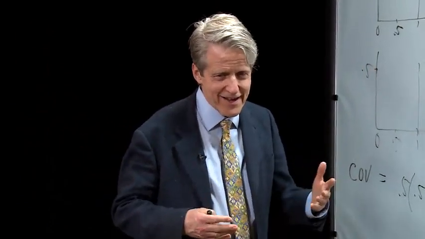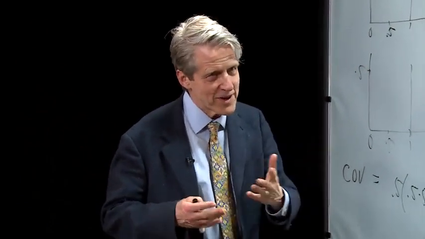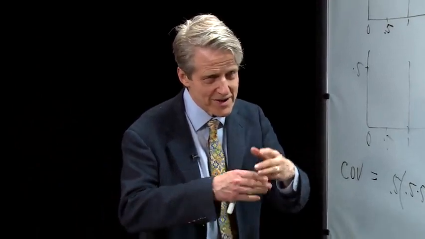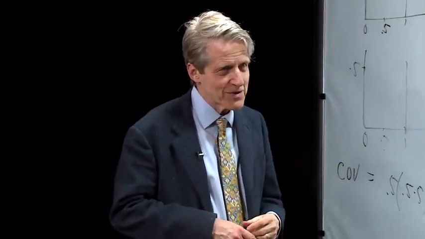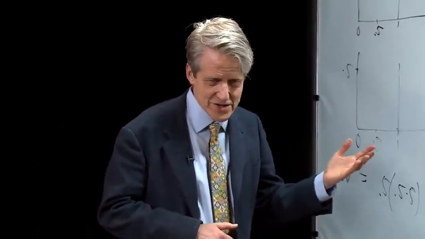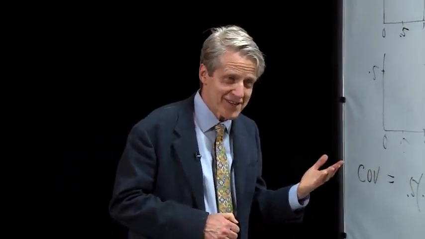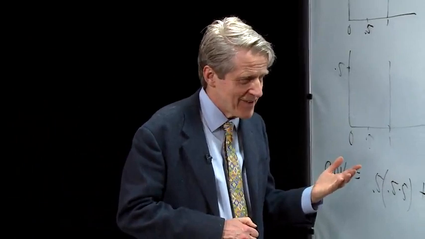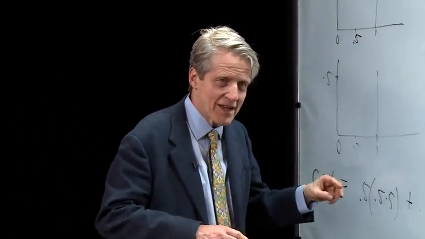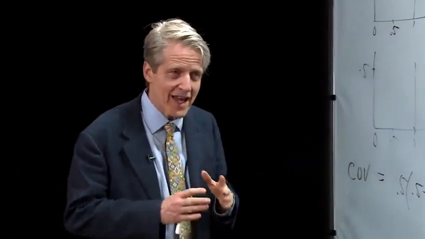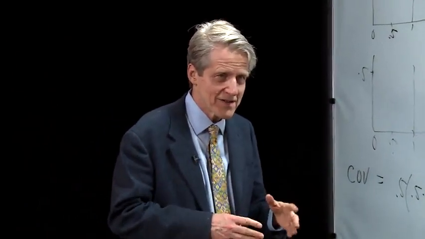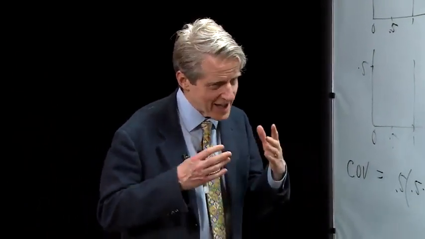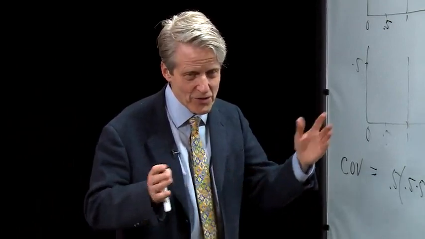Because there are mutual funds that will do that, or world funds that put their money all over the world. And so why shouldn't you do that? Well, right. It sounds like a pretty good thing to do, actually. But the one thing you can't get rid of is the market risk for the whole world. That's there because if you hold the whole world, you're still subject to the world risk.